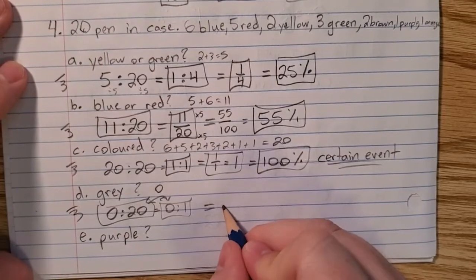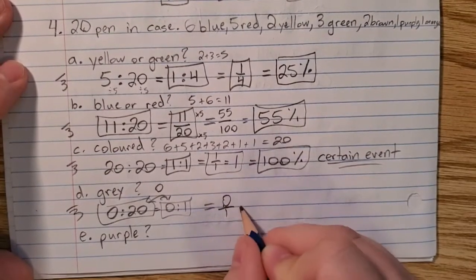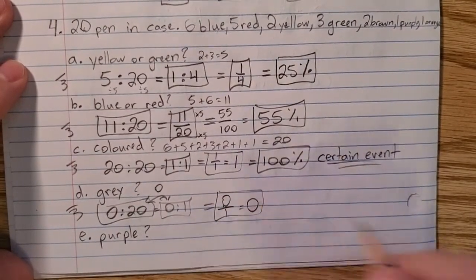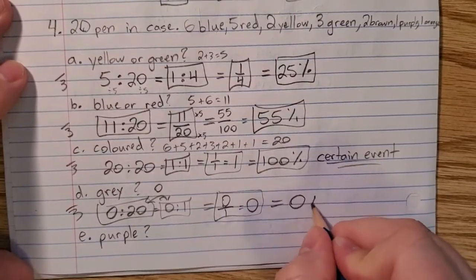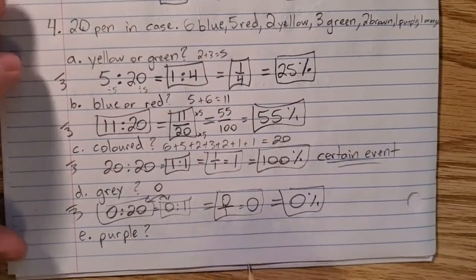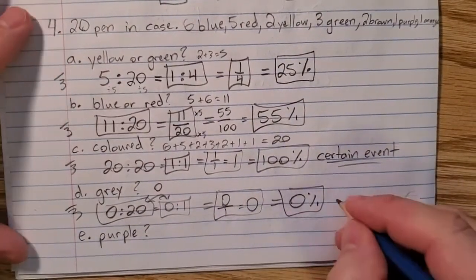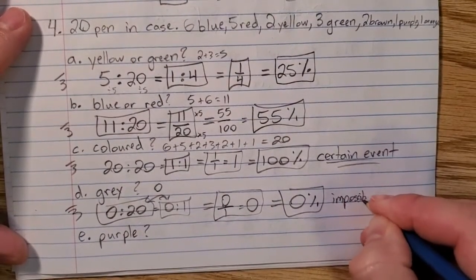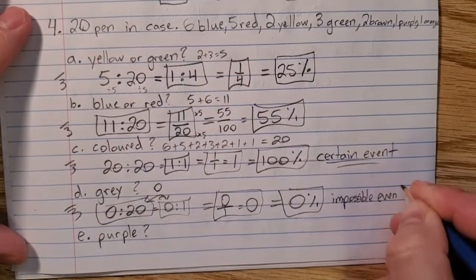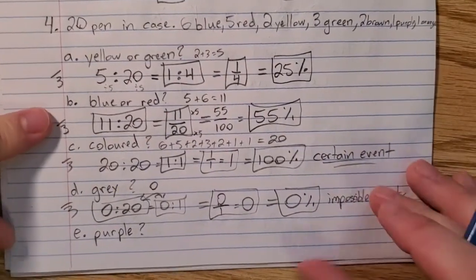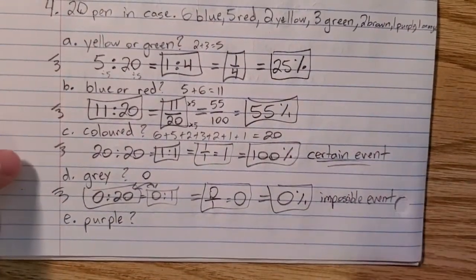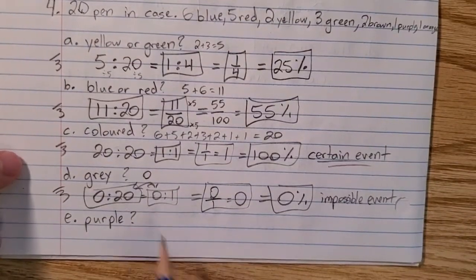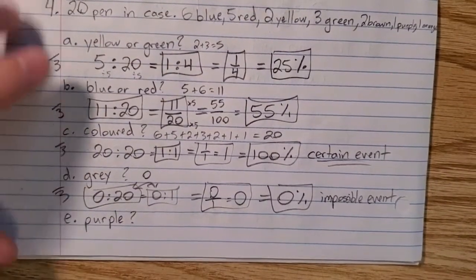It would also be a 0/1 or a 0 fraction, and it would be a 0%. Okay, 0, 0, 0 all the way across here because it's an impossible event. It's impossible that that would happen. So yes, 3.